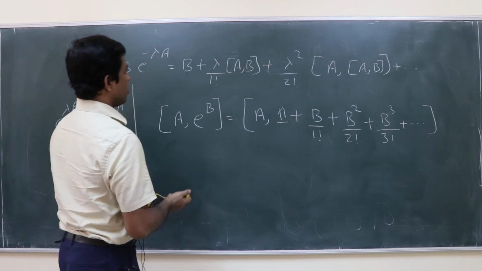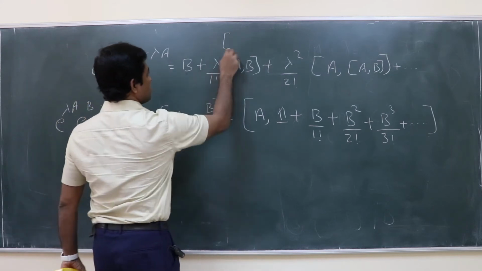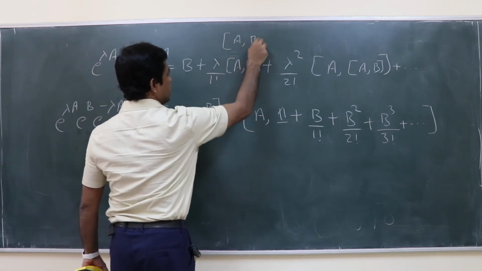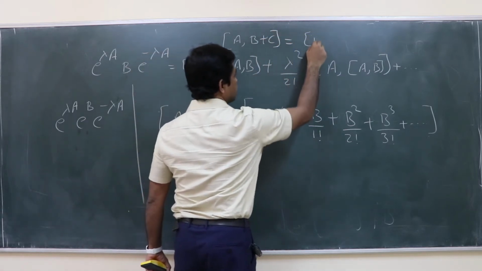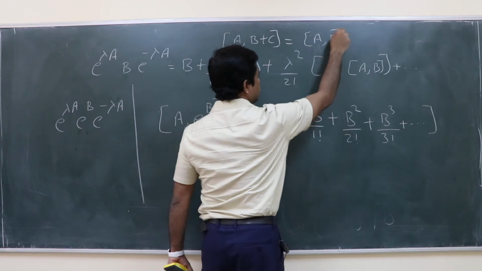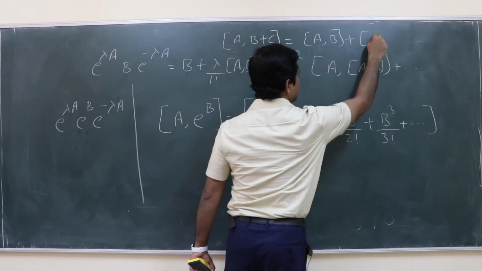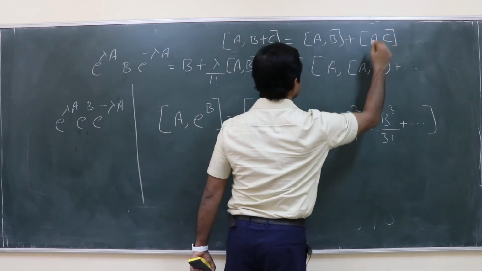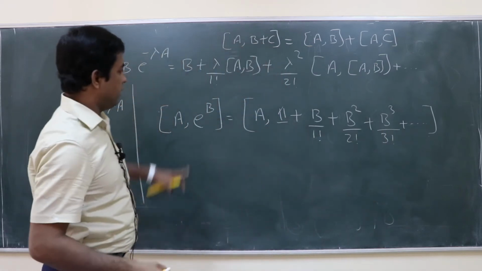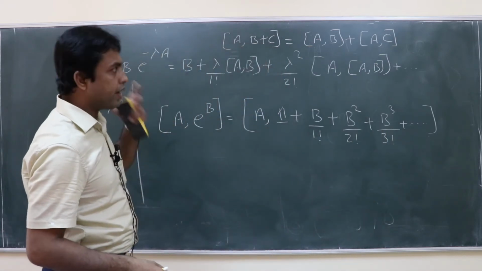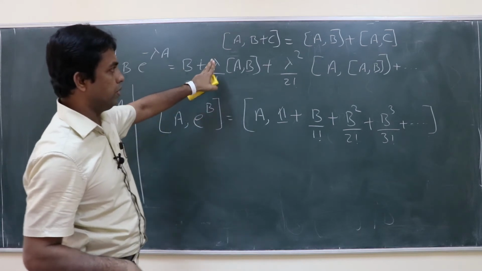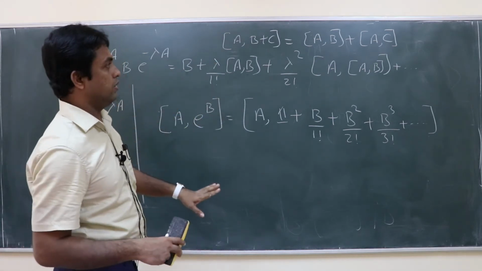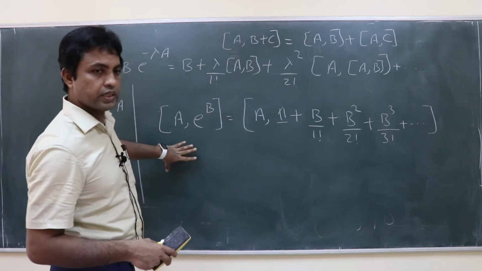So the commutator of a with b plus c is equal to the commutator of a with b plus the commutator of a with c. Whenever I am doing any derivation, if you are not sure how certain things have come, you can immediately stop me, even if it is a basic thing, because that is very crucial to understanding the problem.